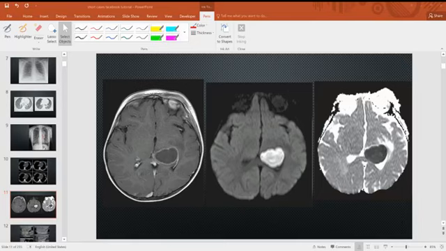Ring enhancement with restricted diffusion, cerebral abscess. Okay. As we see in this patient, we have a ring enhancing mass lesion in the left side of the region of thalamus and subthalamic region, with some indentation on the left trigone.